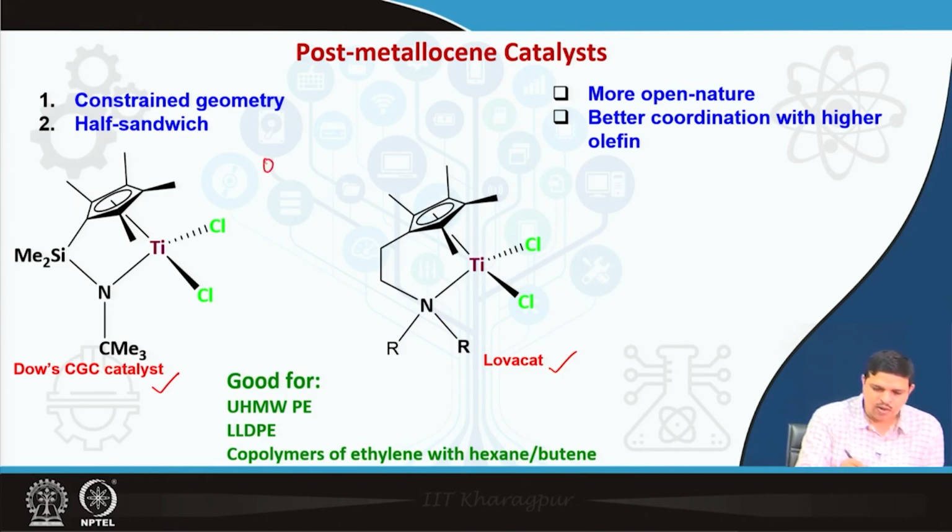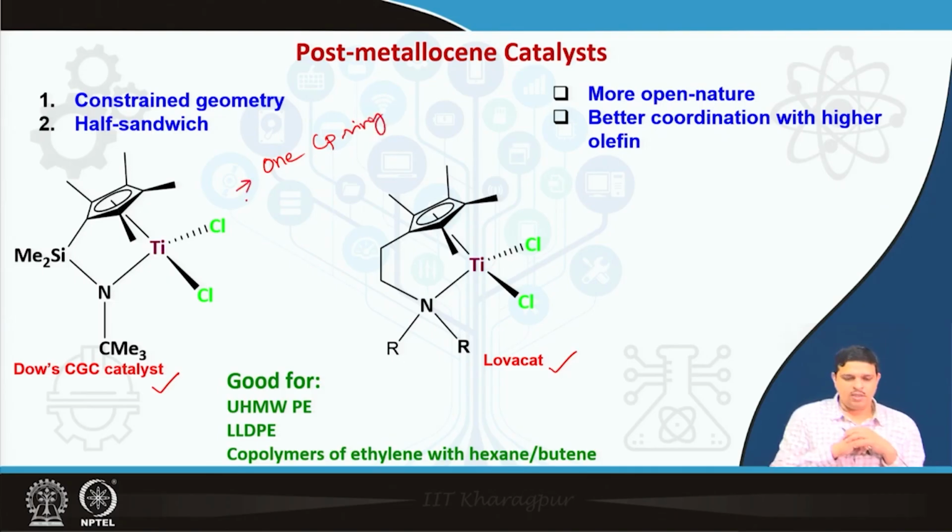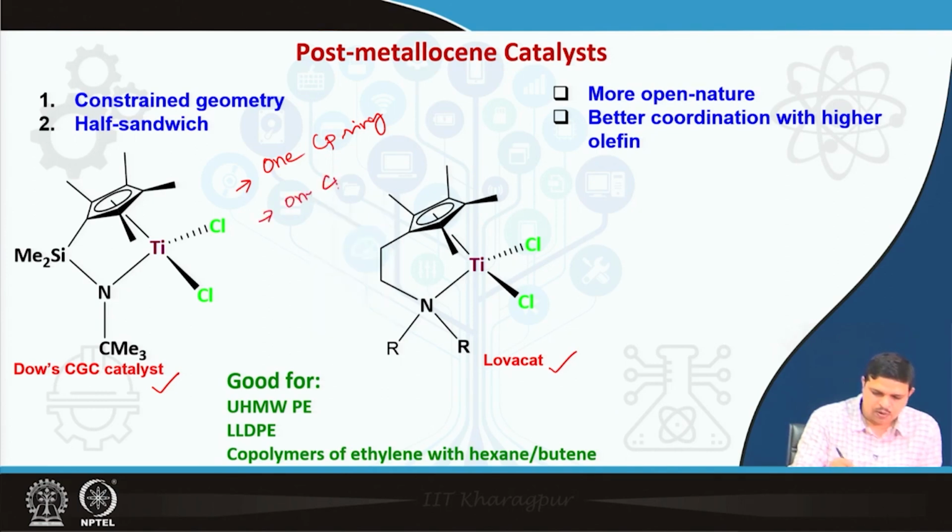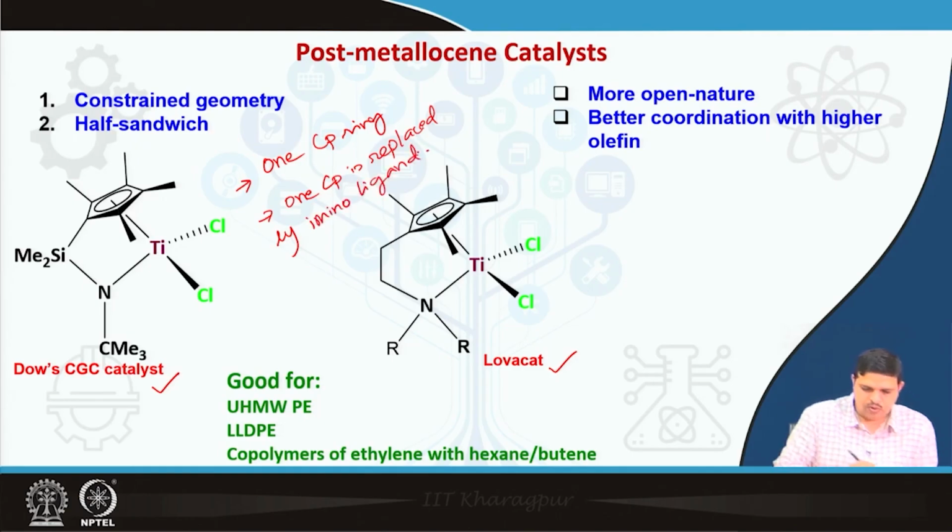Okay, so one Cp ring is there and the other Cp ring has been replaced by an amido or imido type of ligand. Okay, and one Cp is replaced by an imido ligand.